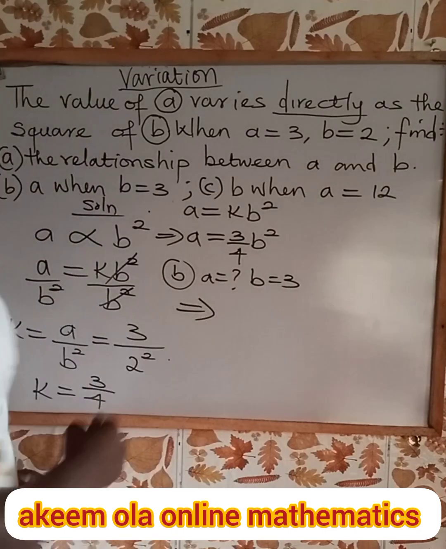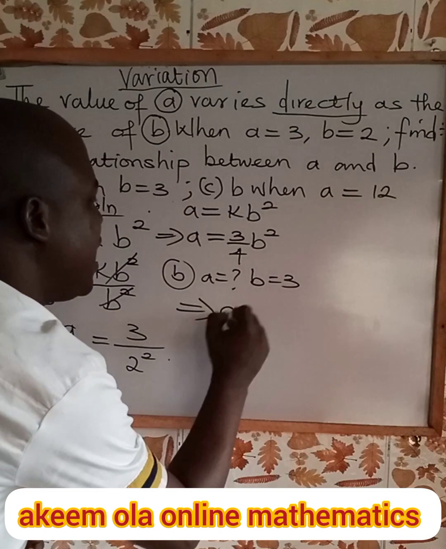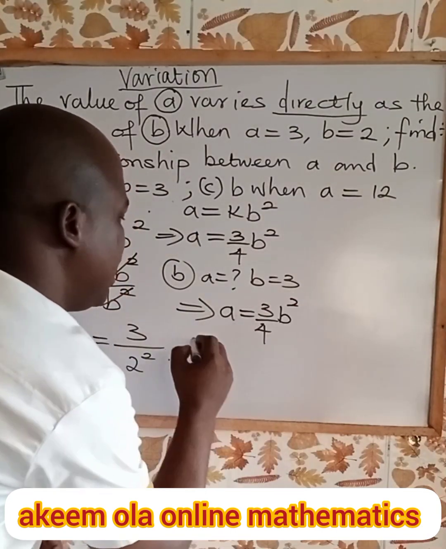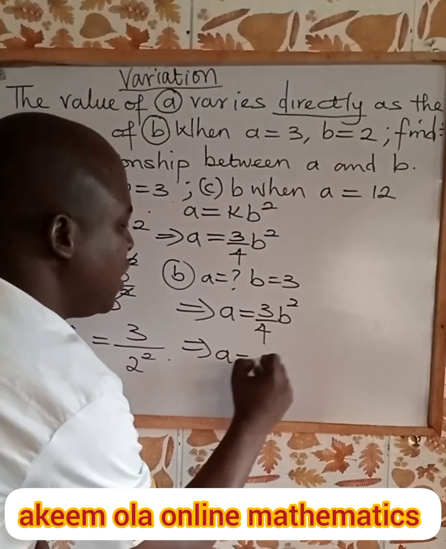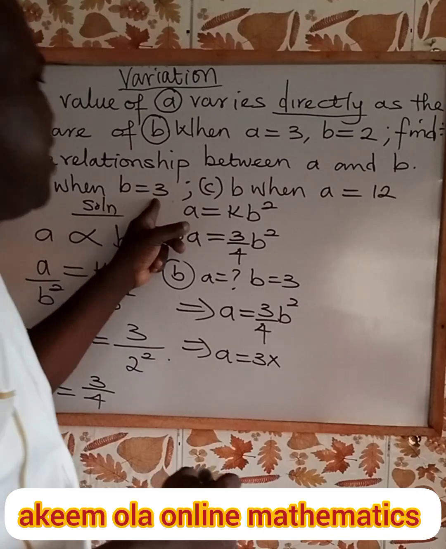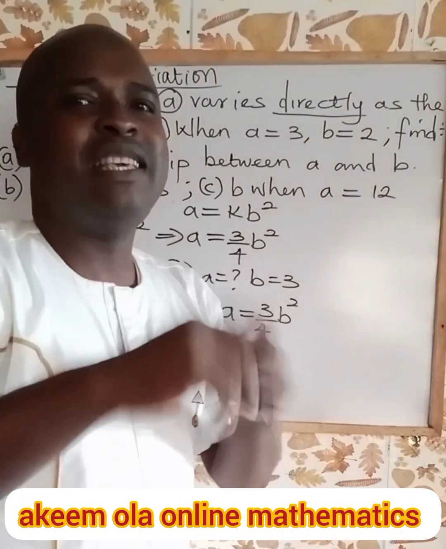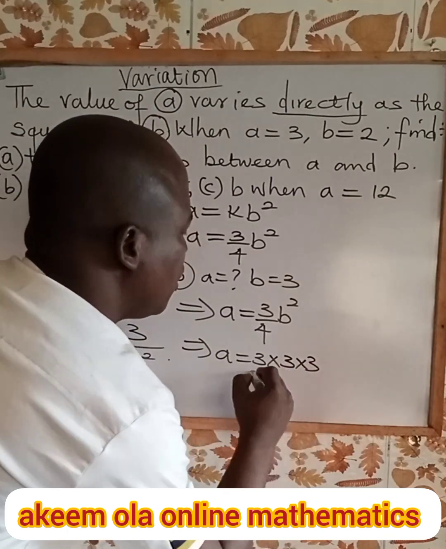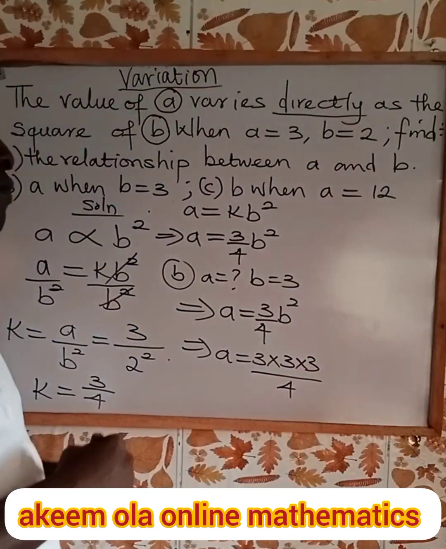For us to solve this, we still have a is equal to 3 all over 4 times b squared. This now implies that a will be 3 times b squared, where b is 3, so b squared is 3 times 3. That means we have 3 times 3 times 3 all over 4.